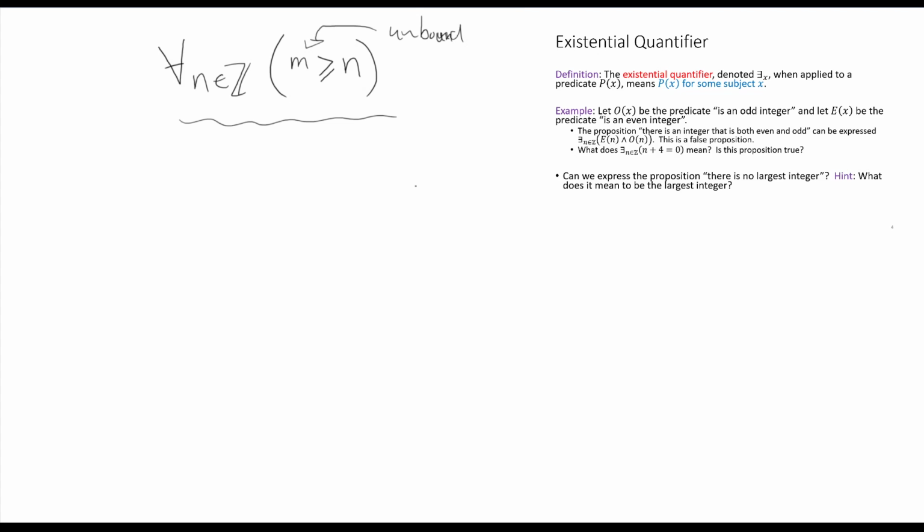It won't have a truth value until you bind that variable. So one way we could bind that variable is we can plug it in. Say we knew what the largest integer was. Let's say it's 1,000,000. Then we could plug in 1,000,000 there, and then this should be true. But of course this is not true. 1,000,000 is not bigger than all of the integers because there is no number that is bigger than all the integers.